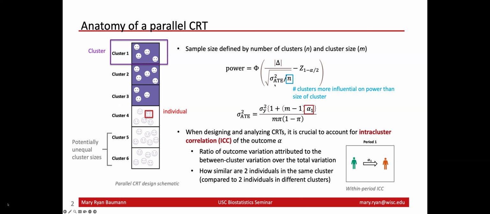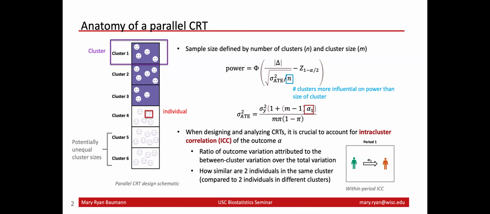So the number of clusters here is far more influential on what your power is going to be than the size of your cluster. So if you're underpowered for these types of studies, it's much faster to boost that power by increasing the number of clusters rather than increasing the cluster size.